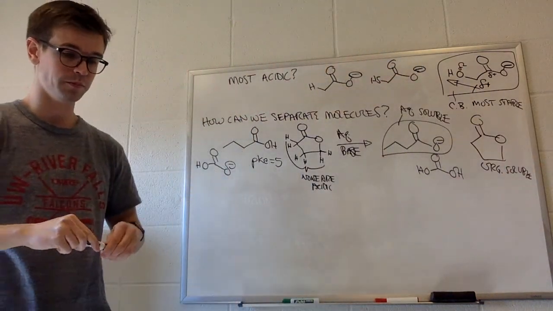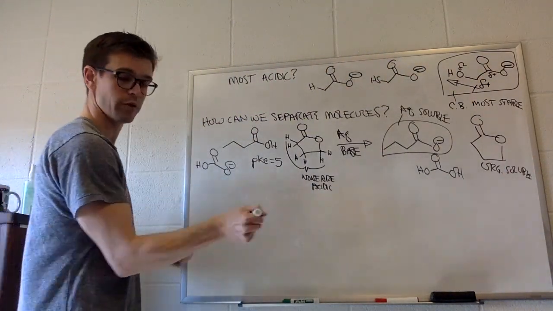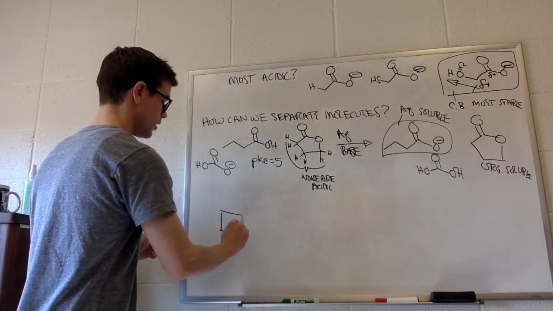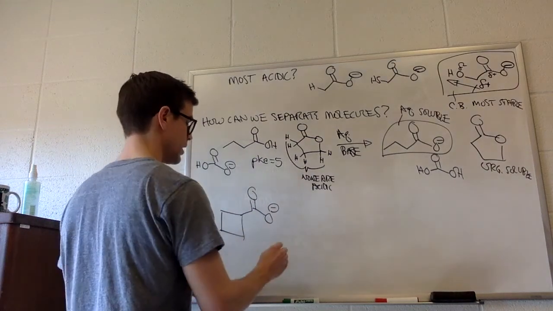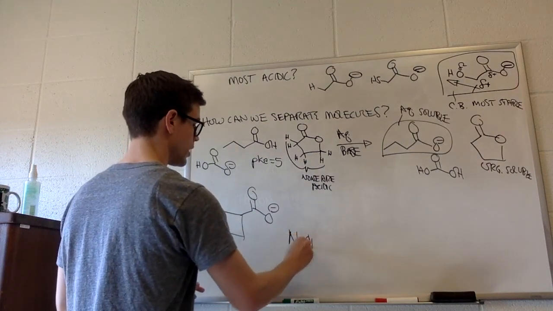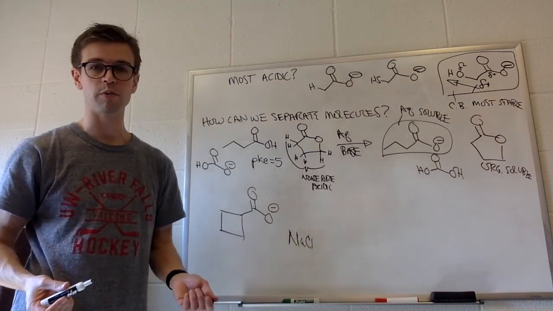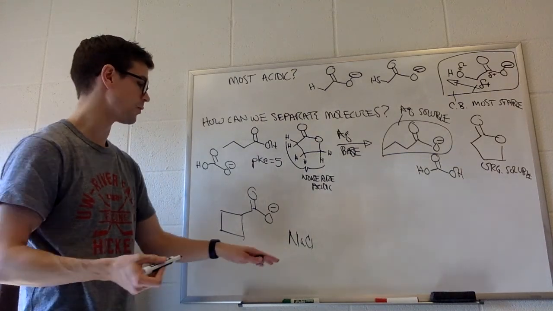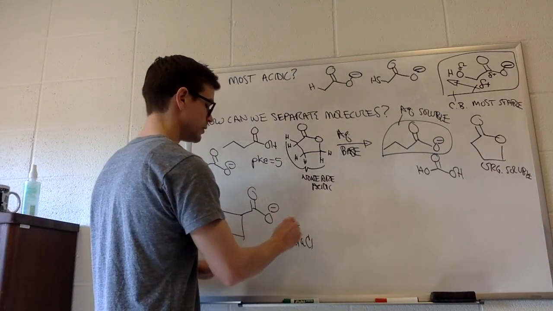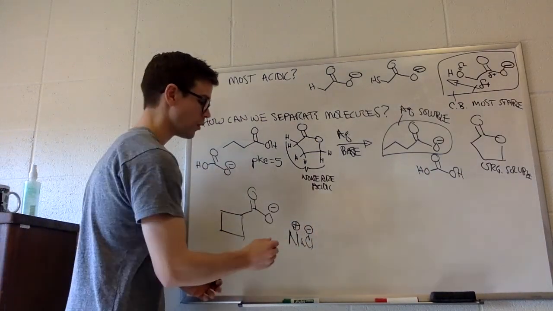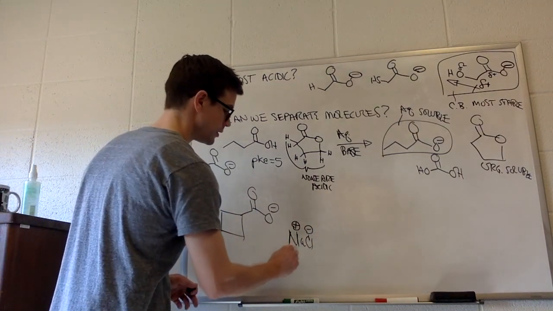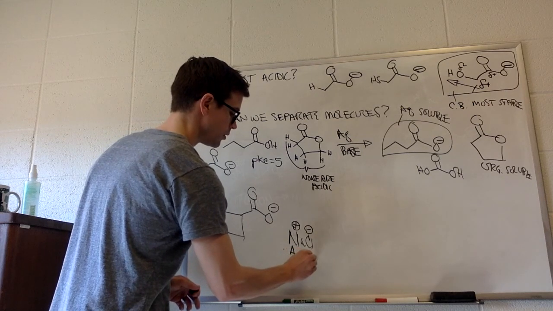So what about our other 2 examples? So one example was we had this carboxylate and sodium chloride. Can we separate these two species? Well, we know that sodium chloride is always ionic. It's always going to be aqueous soluble. So this is aqueous soluble.